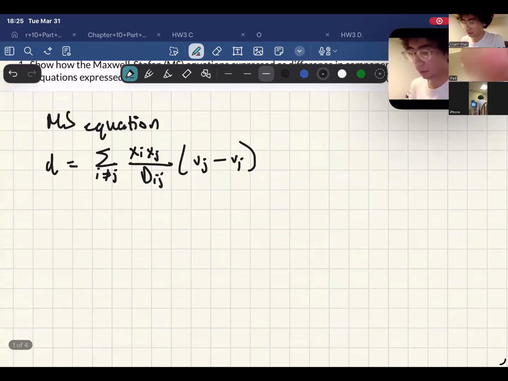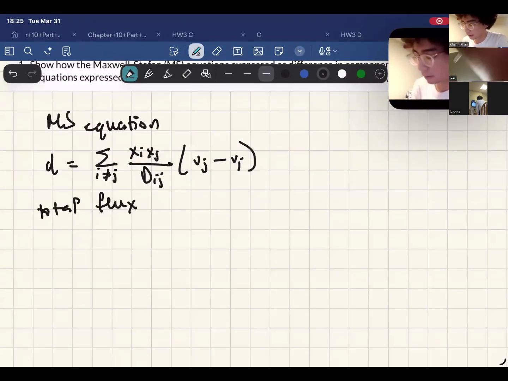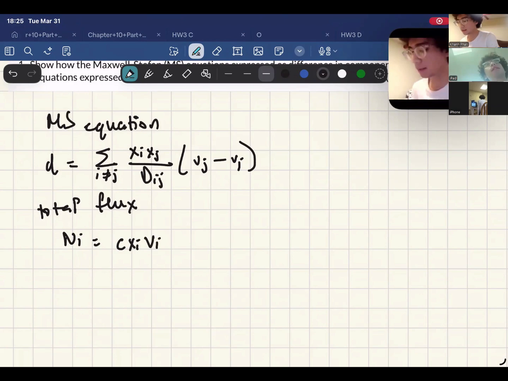So for total flux of a species, the molar flux of that species is equal to the concentration times the mole fraction of that species times the velocity of that species.